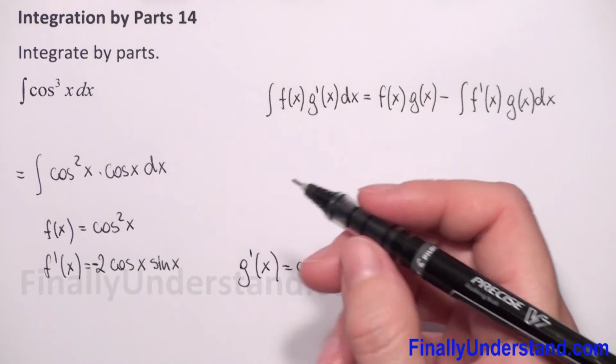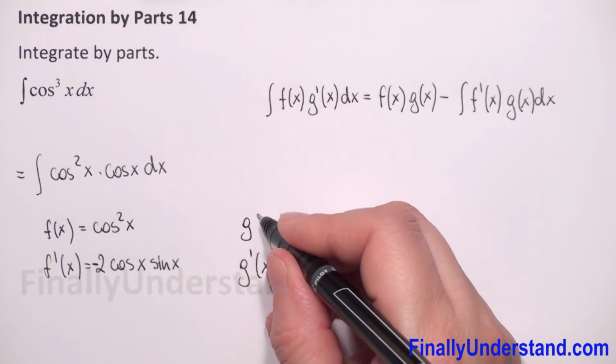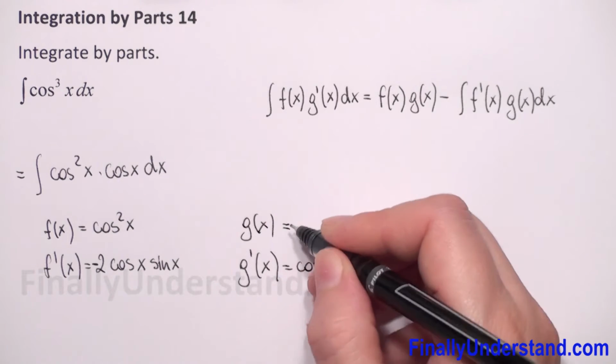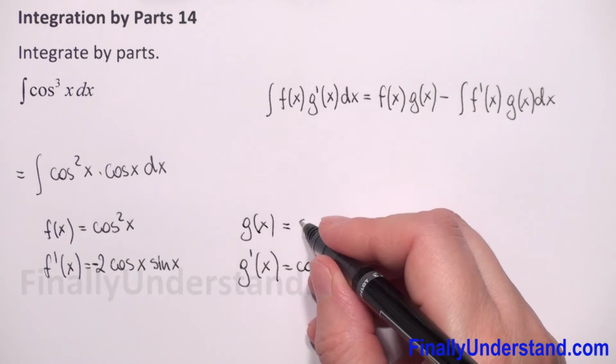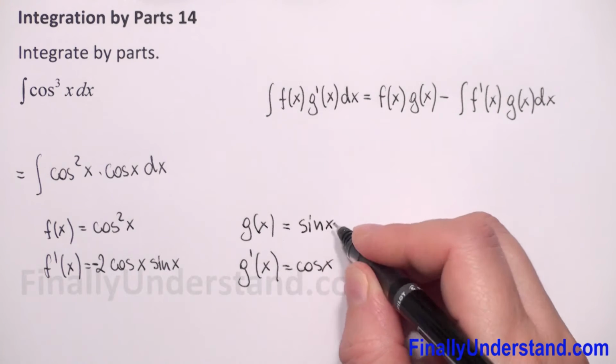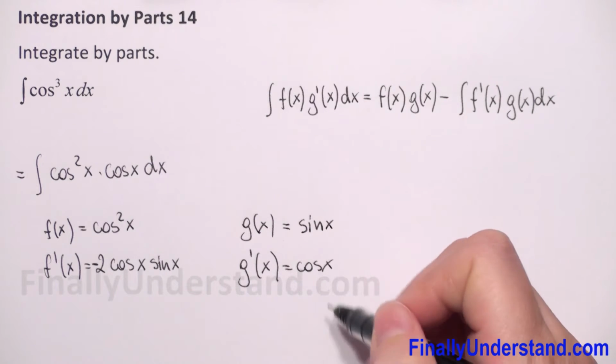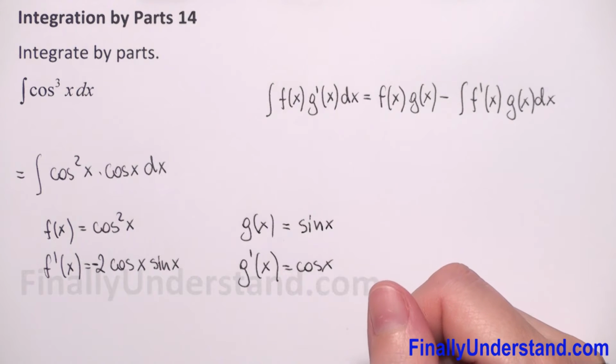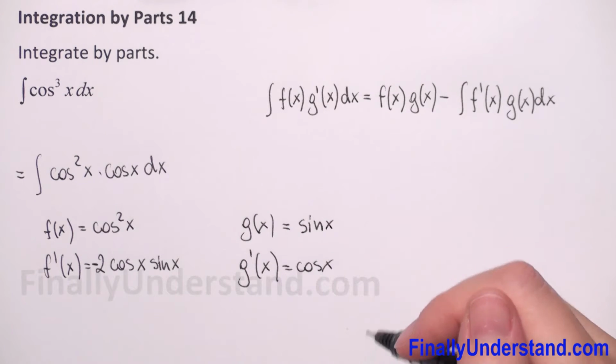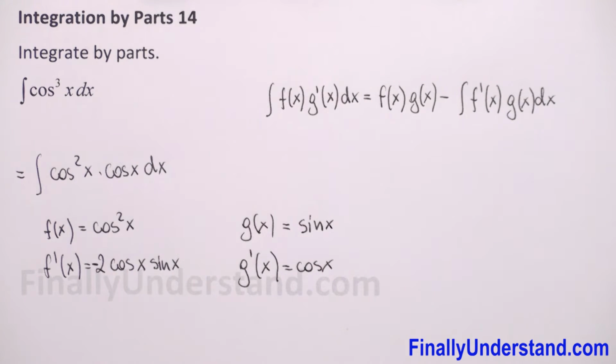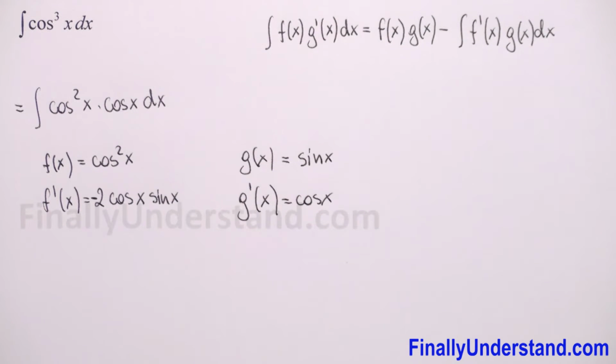So now our g is equal to sine of x. You can always check: when you take the derivative of sine, it is cosine, exactly the same expression. So now we just have to substitute into our formula.